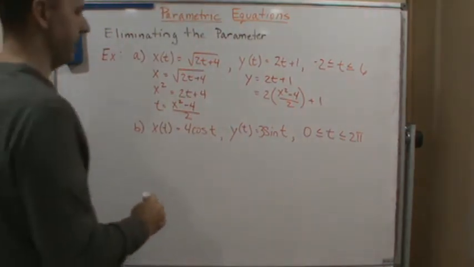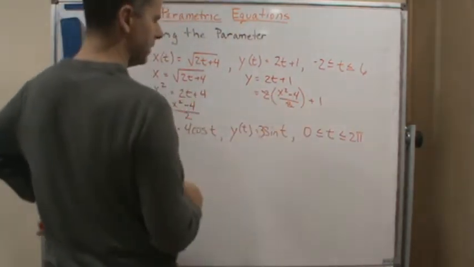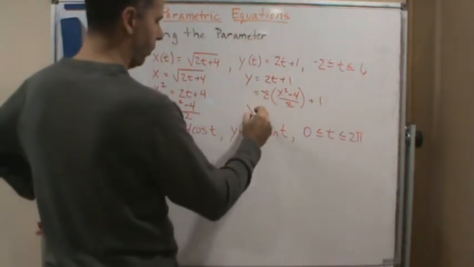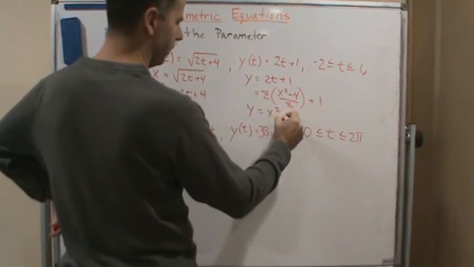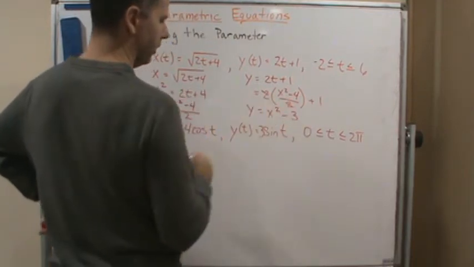And if we simplify this, the 2's cancel, and we get y equals x squared minus 3.